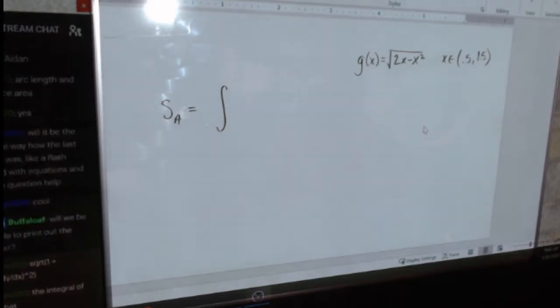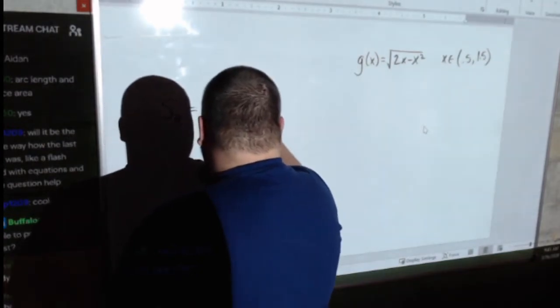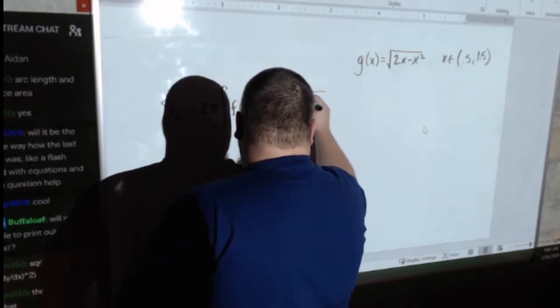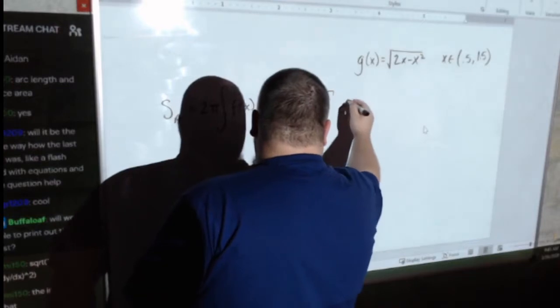Square root of 1 plus, yeah, it involves part of that. So remember, it's 2 pi f of x square root 1 plus f prime of x squared dx.